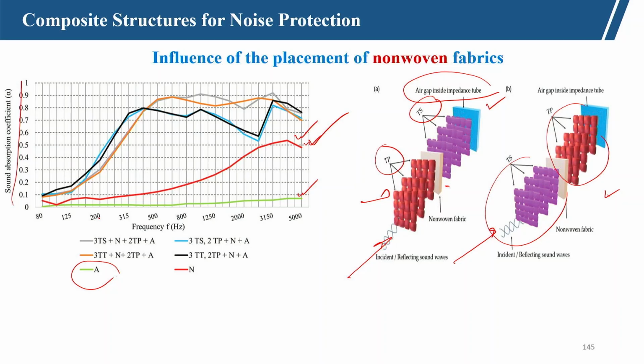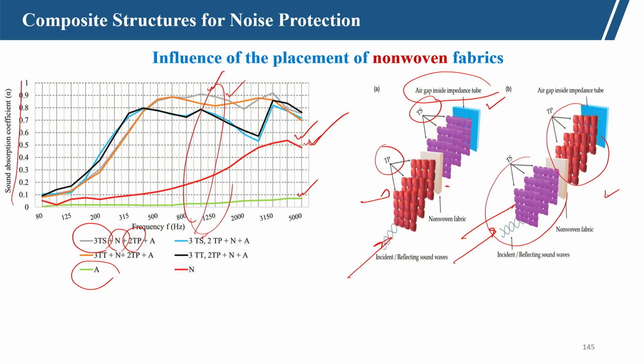Here we can see this one, TS, textured satin, 3 layers, then non-woven, then 2 layers of textured plain, which gives very high sound absorption at relatively higher frequency, around say 1200, a very high sound absorption coefficient.